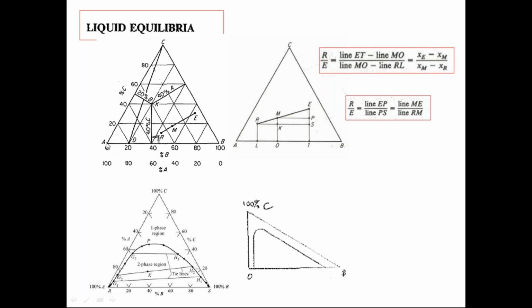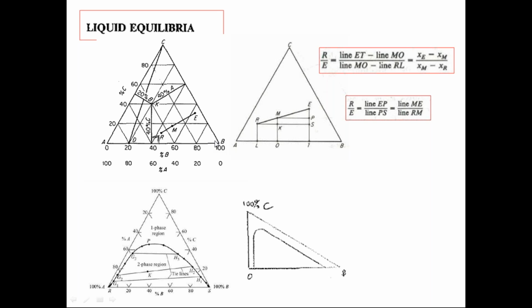The triangular diagram is an equilateral triangle, and each side will be divided into equal parts, and the apexes, that means corners, show 100% of the pure components. For example, if the composition of a mixture falls in this corner, that means A is very high and B and C are negligible. So if you go to the corner, A is 100%.